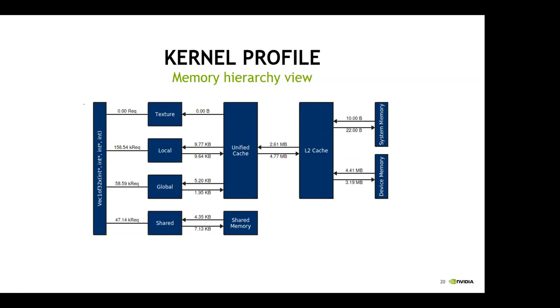After that, the data are spread over what we call streaming multiprocessors. A streaming multiprocessor is a set of units where you have the unified cache, the shared memory, and the CUDA cores to process the data. Depending on the various data paths, you see the amount of data, and you could start to understand what's happening at a very fine level to see how your application is using the GPU.